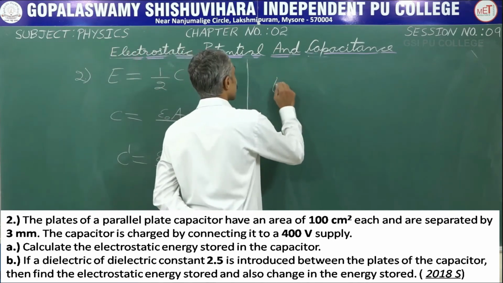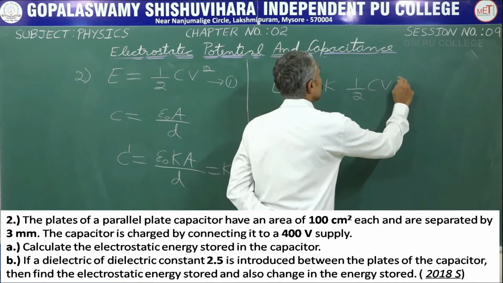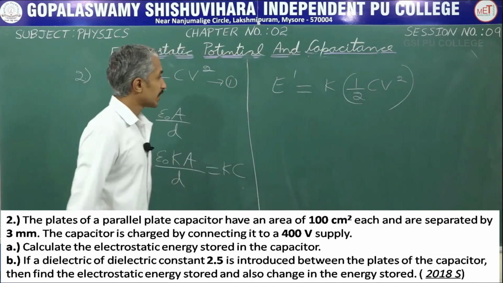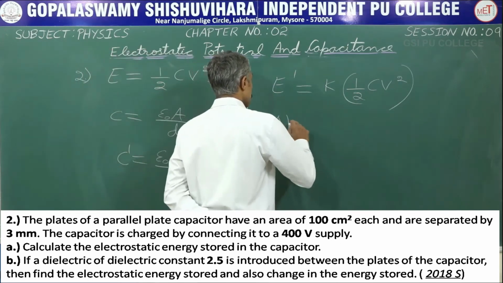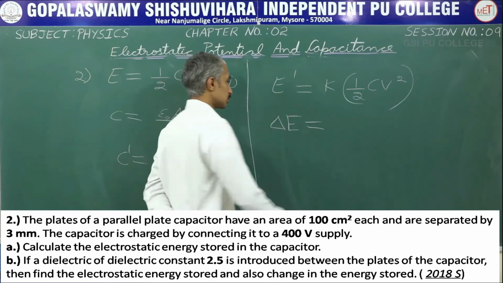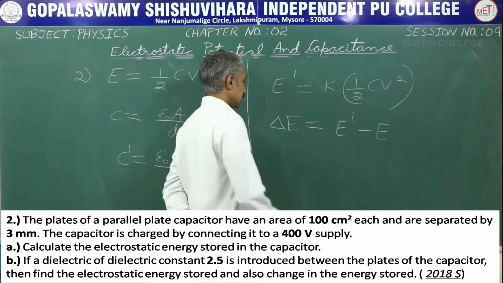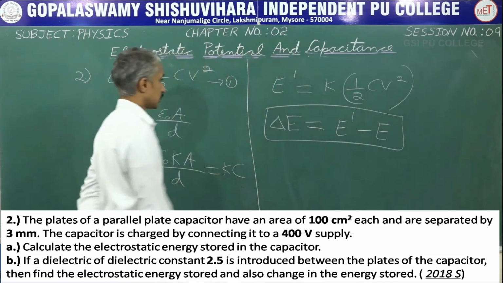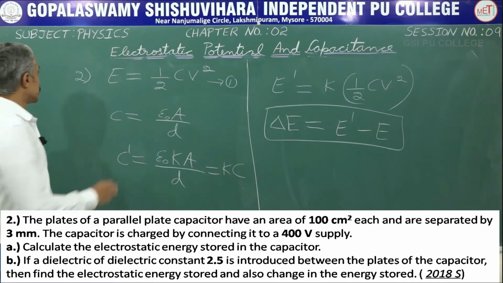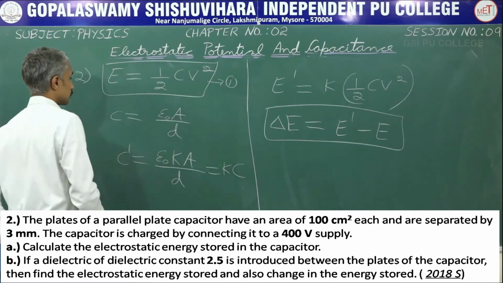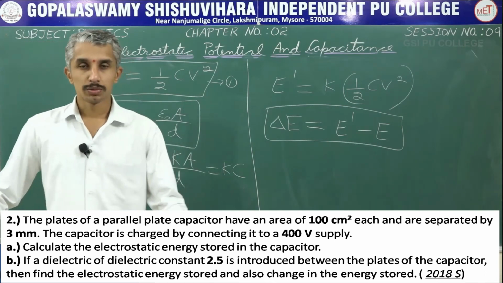So the energy this time is going to be K times the initial energy. And finally they have asked us to calculate the change in energy. So this will be E dash minus E. So using these expressions, we can solve numerical 2.